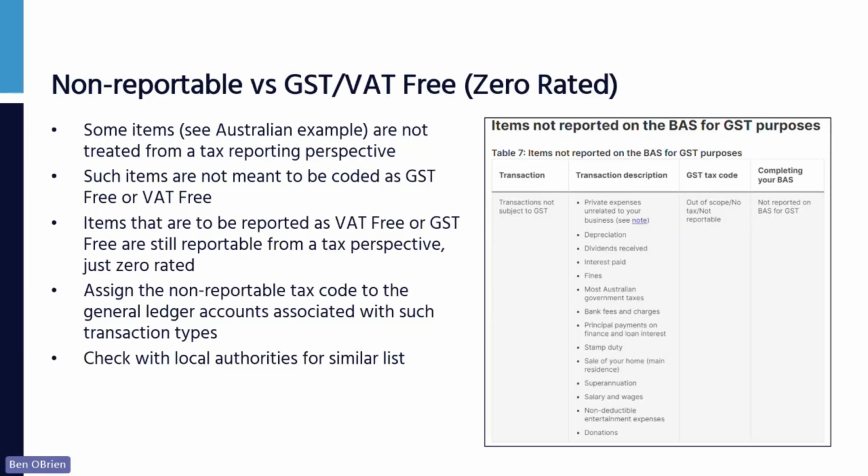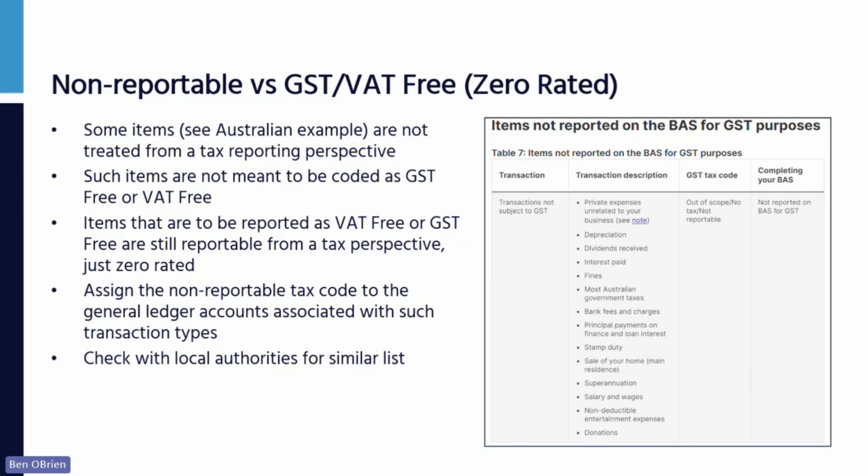So the non-reportable versus the GST VAT free. I've just got a little bit of a list here on the right-hand side. Again, apologies that that's just Australian, but similar things in other jurisdictions of the types of transactions that aren't treated from a tax perspective, from a GST VAT perspective.